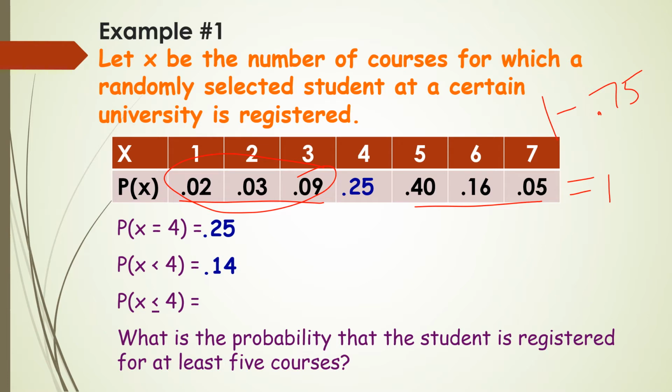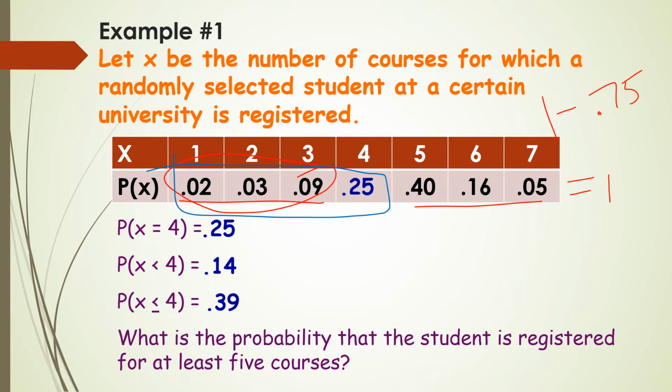Then this one says, what's the probability of the number of courses being less than or equal to 4? The difference here is I need to include the 4. Let's choose a different color. To get that, I have to add the 0.14 and the 0.25, and so I get 0.39.